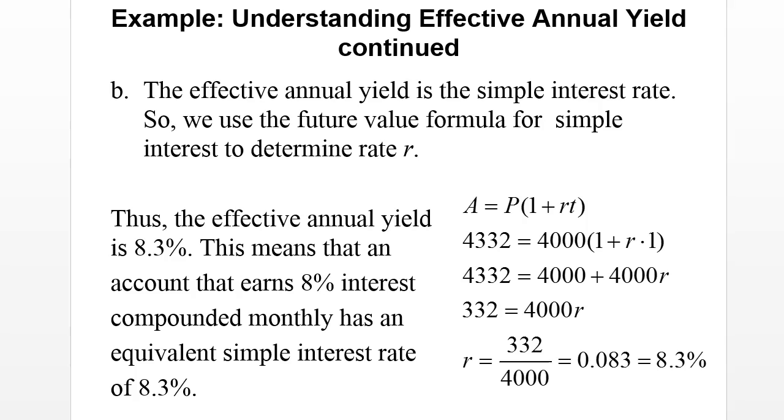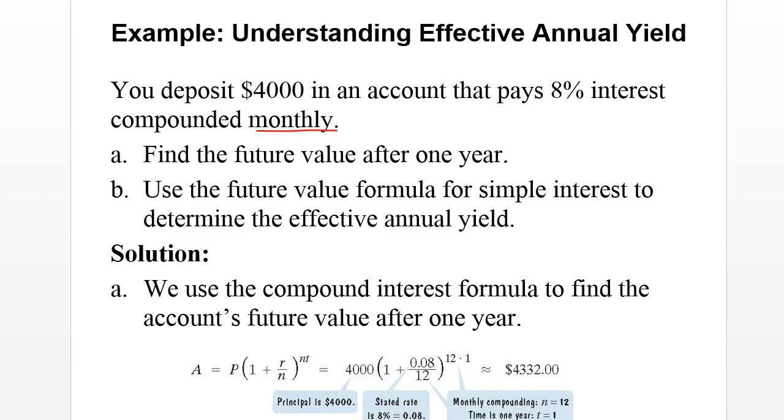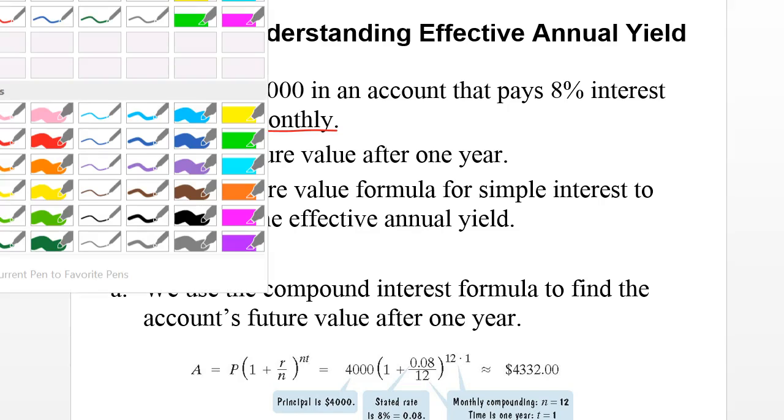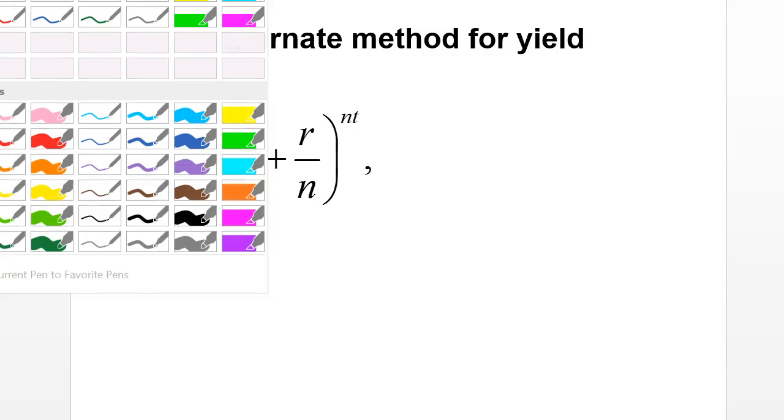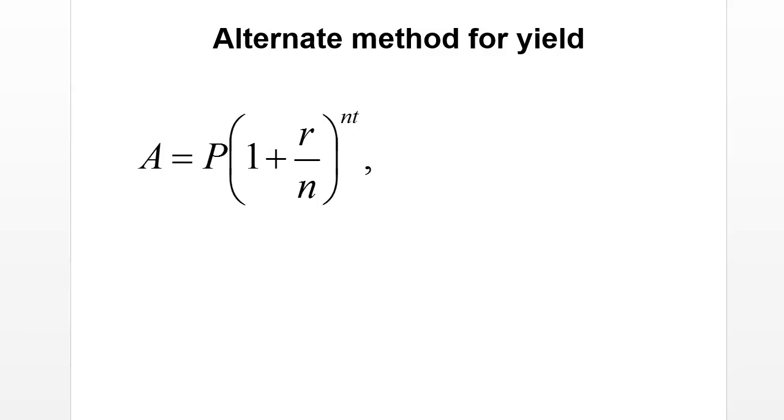Now another way you can get yield, this is another little shortcut formula. You can actually get yield from just this part of this formula. If you leave off P and this T, you can get another method to give you yield.